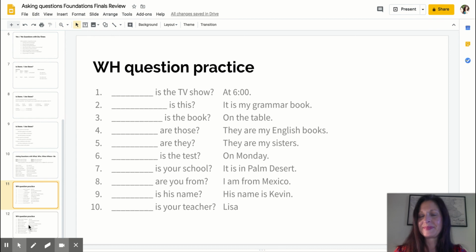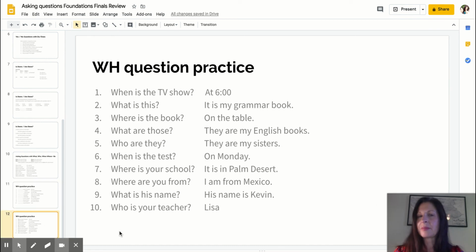Ready? Number 1, at 6 o'clock. Number 2, it is my grammar book. So grammar book, it's a thing. So we use what. At 6 o'clock is time. So we used when for number 1. Number 3, on the table. On the table is a place, so we use where.